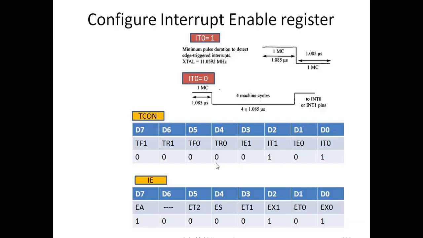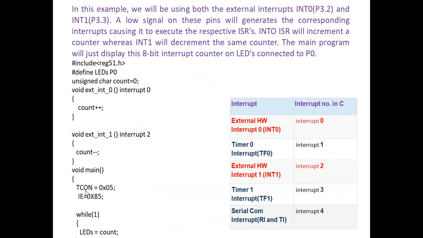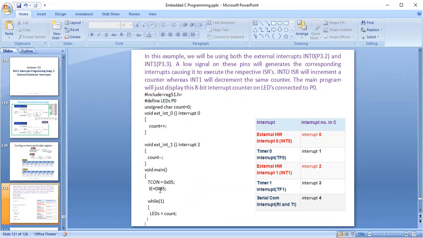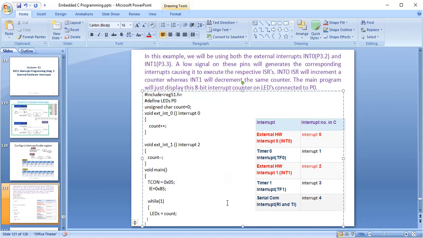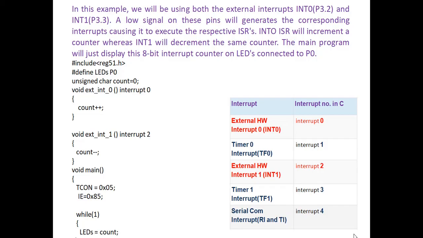So the same values 05 and 85 I loaded as TCON 0x05, IE 0x85, and one important thing, you have to use the small x in 0x85. If you simply use 85, it will be considered a decimal number. If it is hexadecimal, there is a procedure to represent it as 0x85.